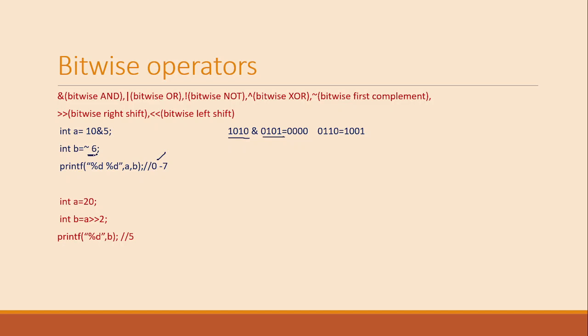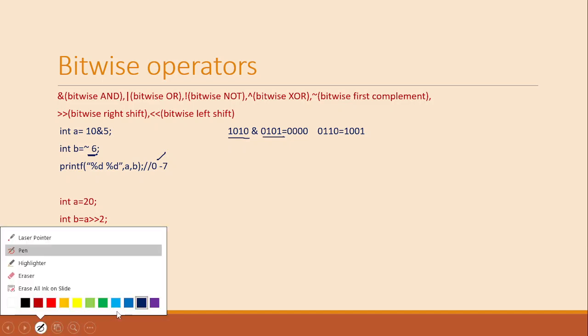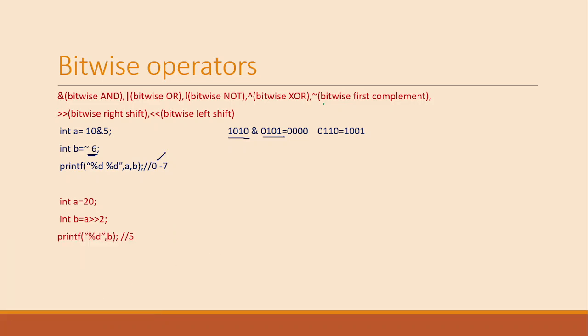Now when I make the complement of 6, complement of 6 means all zeros will become 1 and 1s will become 0. So 6 will take the value 0110.